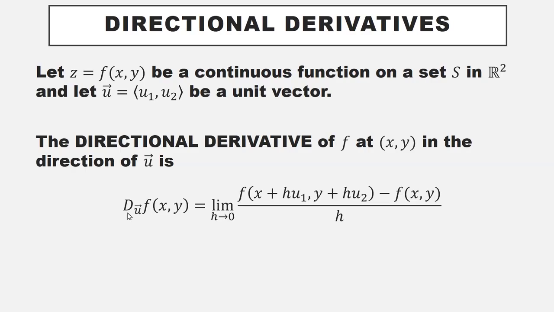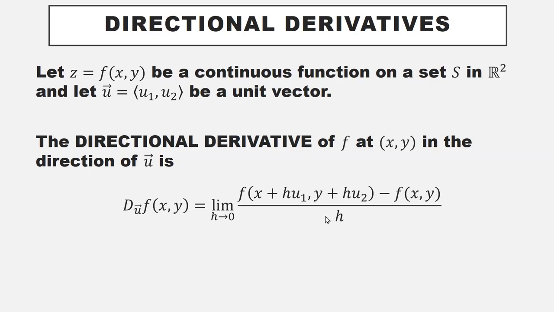It's denoted by a capital D sub vector u of f, and it's the limit. What we do is we change both the x and the y in the direction of our unit vector u, and we let h go to 0.